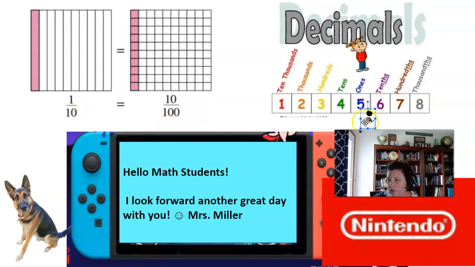So today you're going to learn some place values to the right of the decimal, which are the tenths, hundredths, and thousandths place.